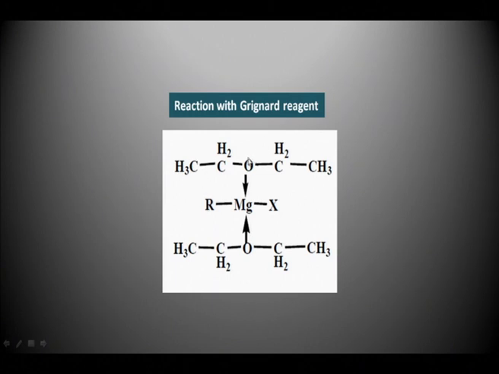The oxygen in the ether molecule has two lone pairs of electrons. The lone pair of electrons coordinates with magnesium and stabilizes the magnesium metal. So, ether is a very useful solvent to stabilize the Grignard reagent.